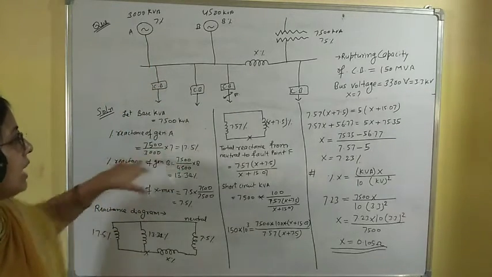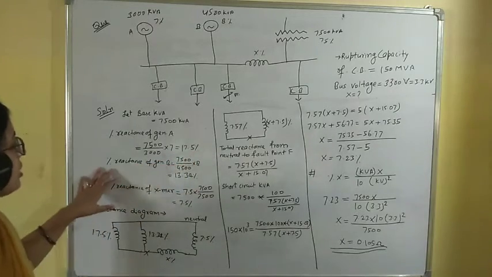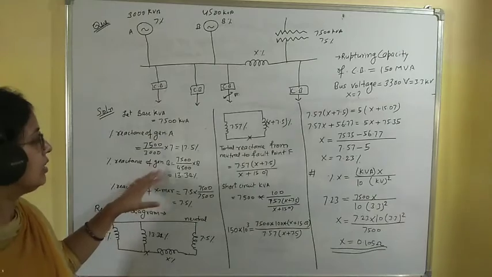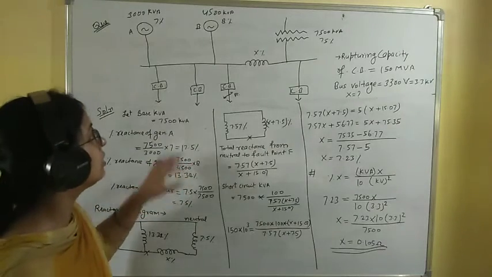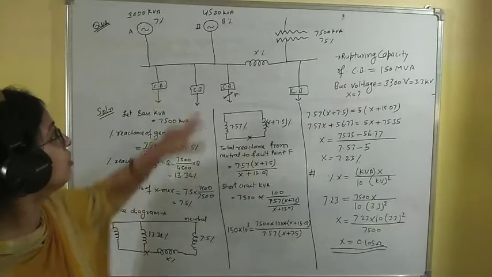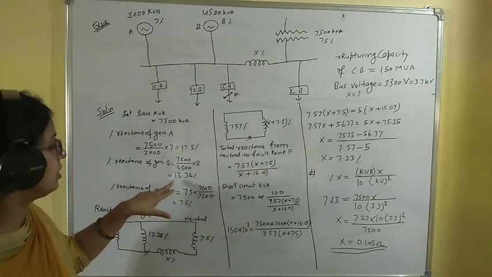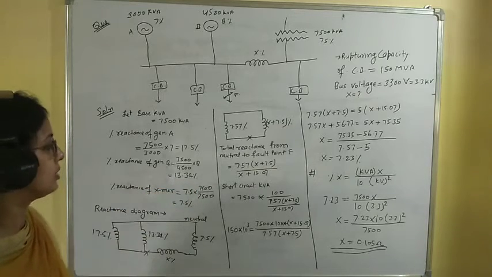Calculating this, we get 17.5%. Similarly for generator B, it is 7500 upon its rated value 4500 kVA into its reactance 8, which gives 13.34%.